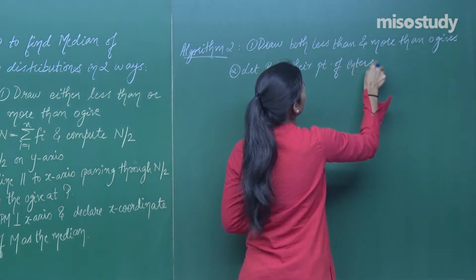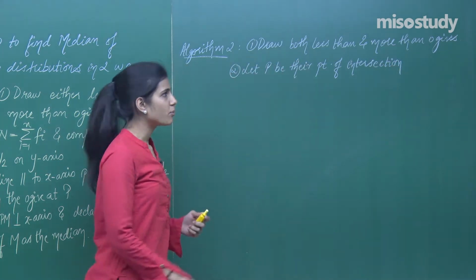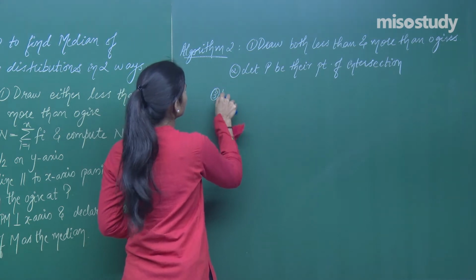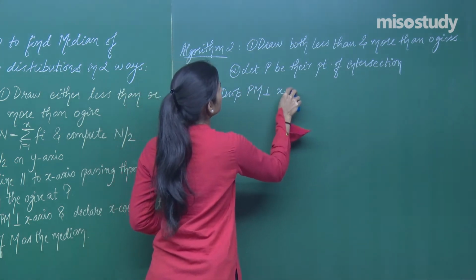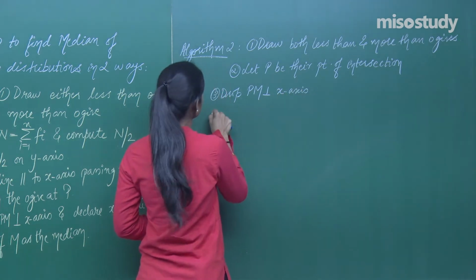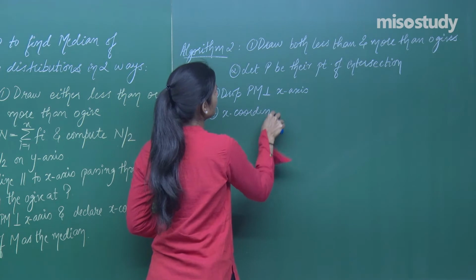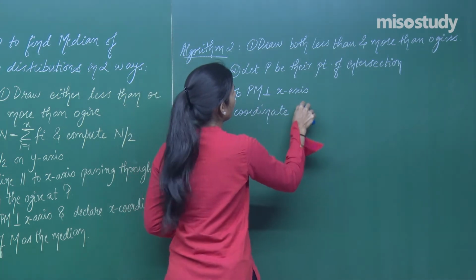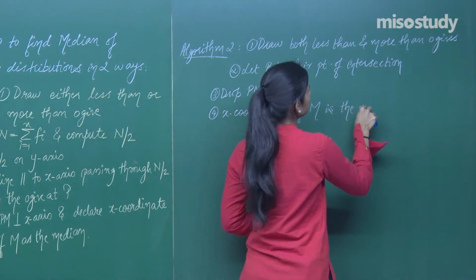So they both will be intersecting somewhere, that point is P. Drop PM perpendicular to the x-axis, and the x-coordinate of M is the median.